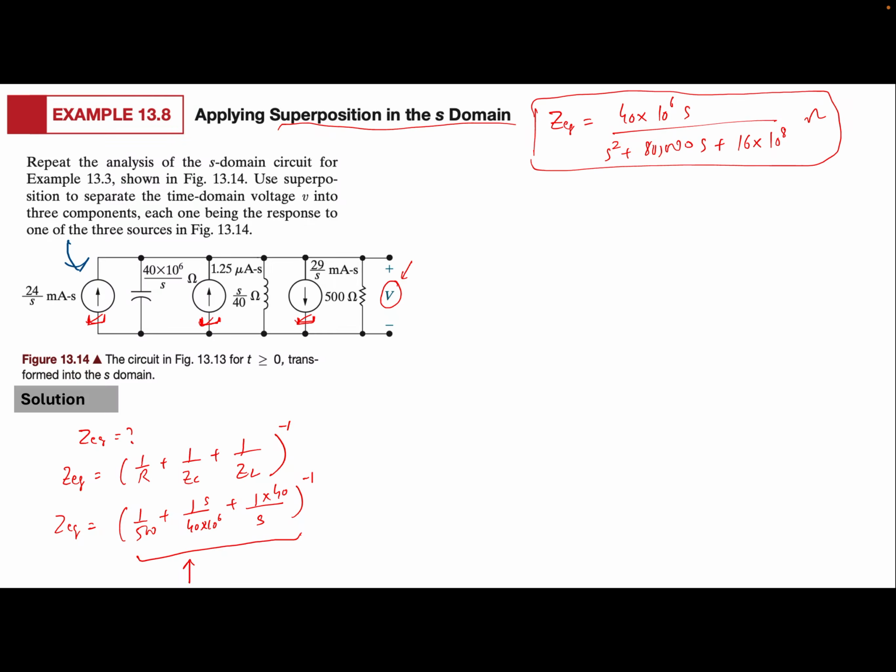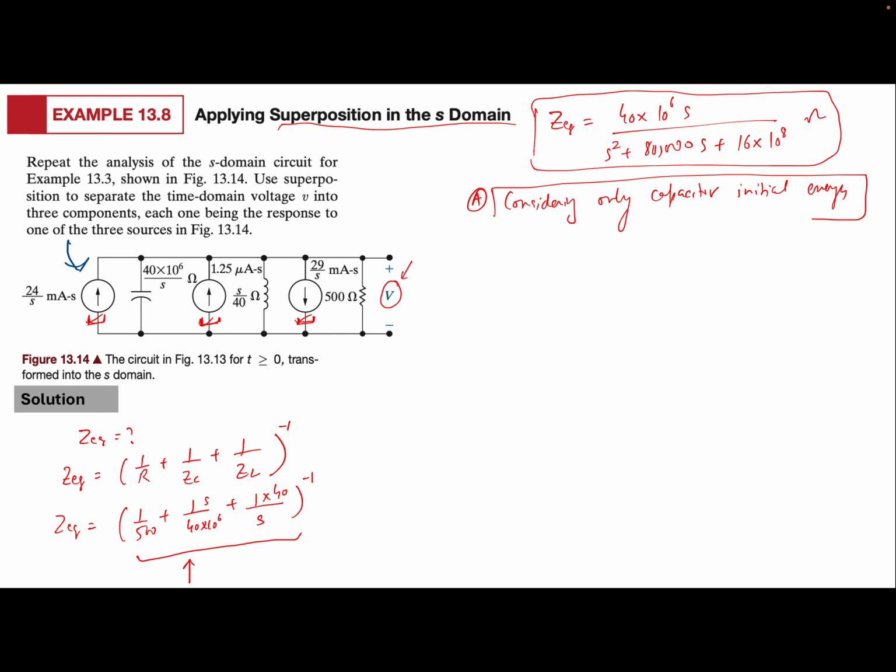Now, before we apply the superposition, let's start to find the value of the V just by looking at one of the sources, right? So the first one is, let's call it A, considering only capacitor initial energy.